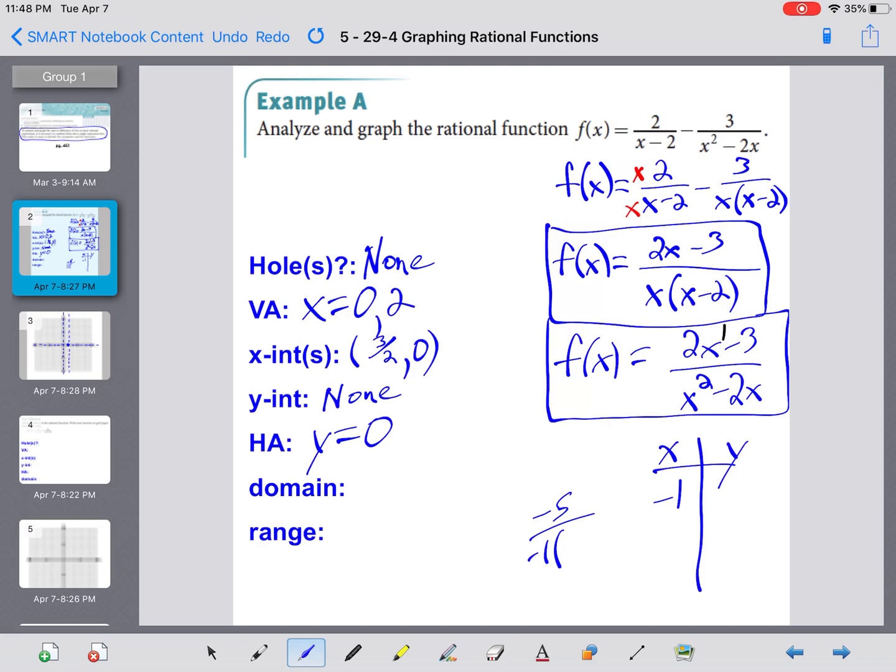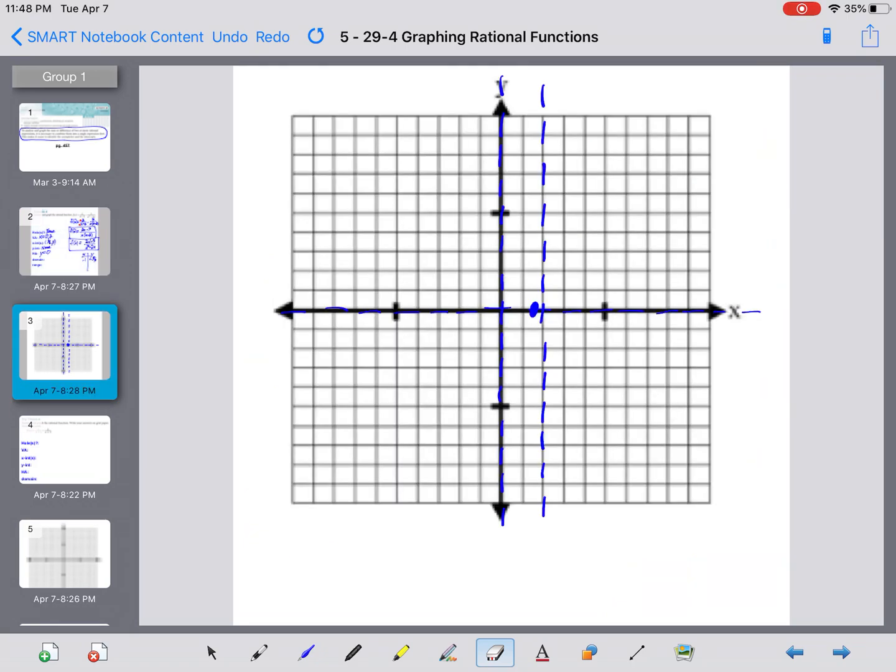So if I plug in -1 in the numerator, I get -5. Then I get -1 times -3, right? So that's going to give me a -5 over a +3. So when x is -1, y is -5 over 3. Okay? So all I need that for is to tell me what's happening to the left side. Or on the left side here, -1 is -5/3.